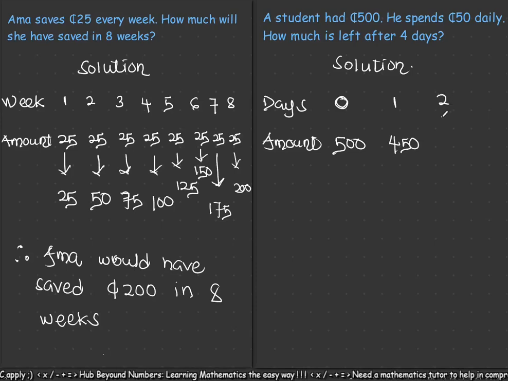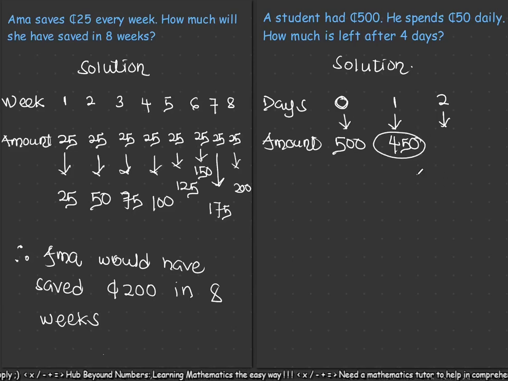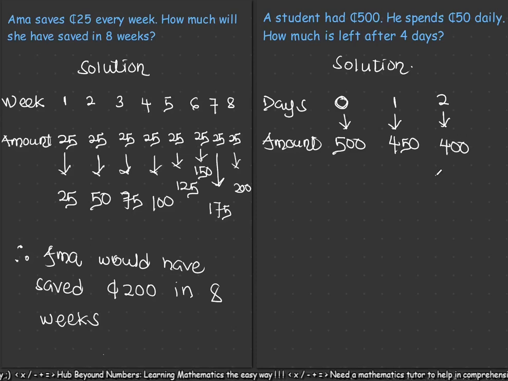On the second day, he's going to spend another 50. And how do we do that? We reduce our 450 by 50, which gives us a 400. On the third day, he's also going to spend a 50. So we then have a 350. Now guess what would be left on the fourth day?